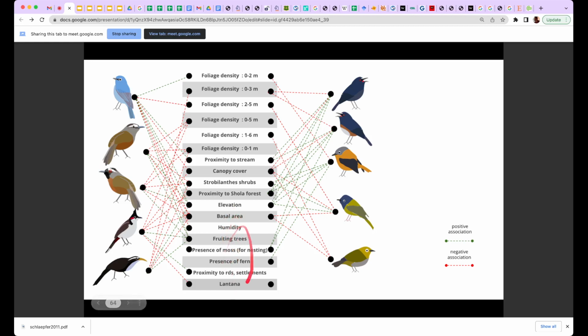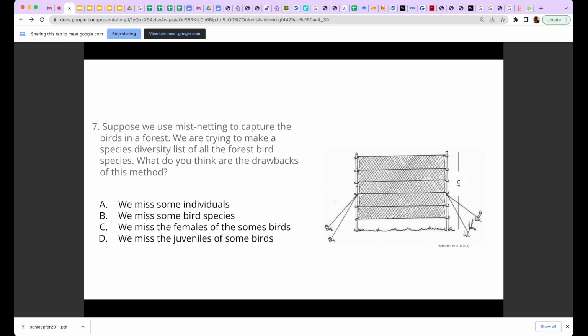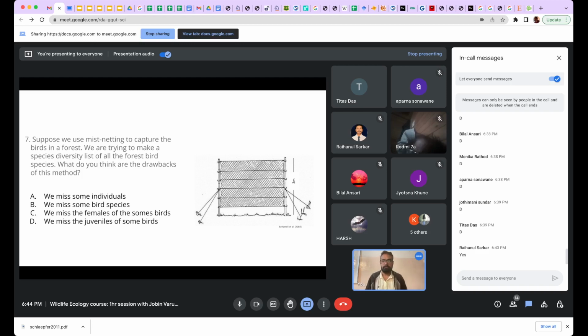These are all things that affect the birds in my PhD study. So this is just for your reference. There's no question over here. We'll move on to the seventh question. People can give it a read and try.